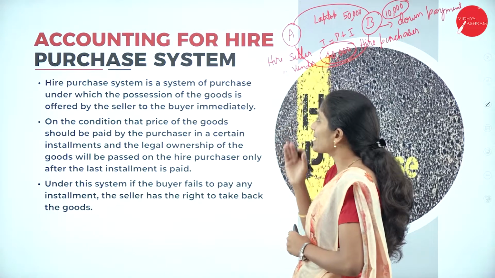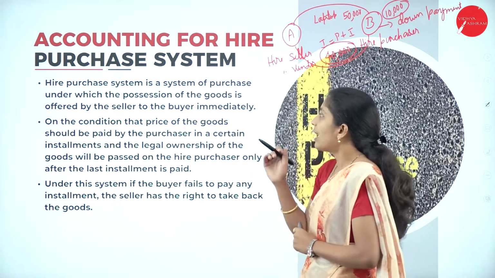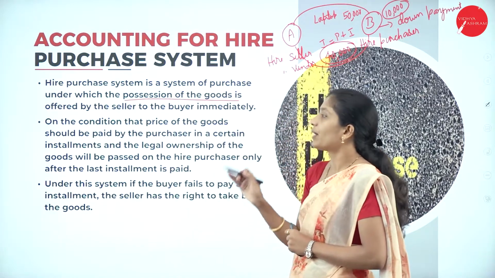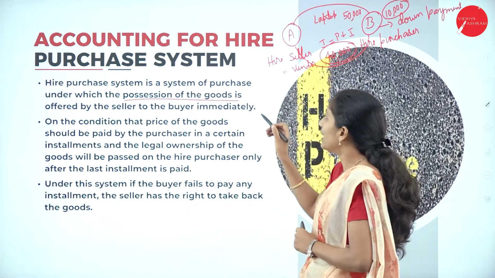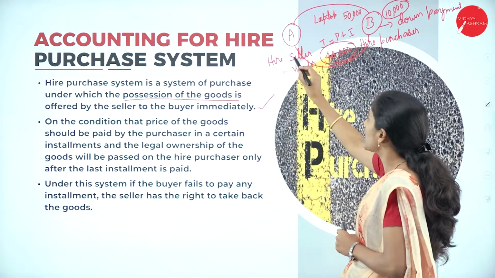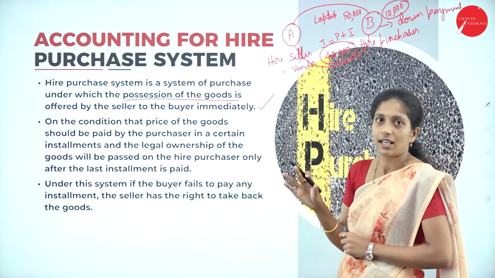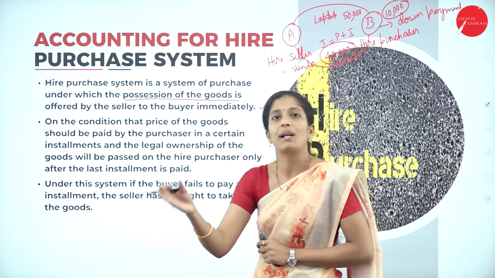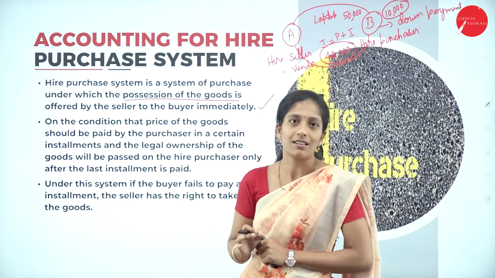Now go through the explanation here. Hire purchase system is a system of purchase under which possession of the goods is offered by the seller to the buyer immediately. In the sense, the goods will be transferred from seller to buyer immediately. That is, on the date of transaction itself, the goods will be transferred, but the ownership doesn't transfer.